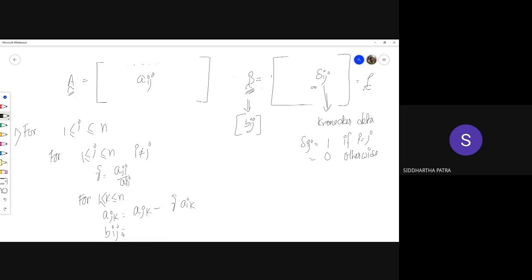So you also do this operation on Bjk: Bjk equals Bjk minus gamma times Bik. So in the end, you will get a diagonal matrix out of A, and for B also you will get a matrix.